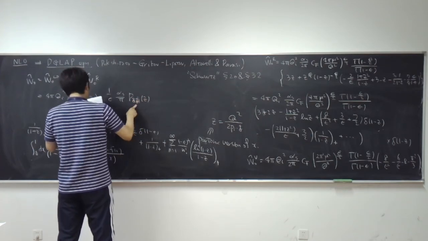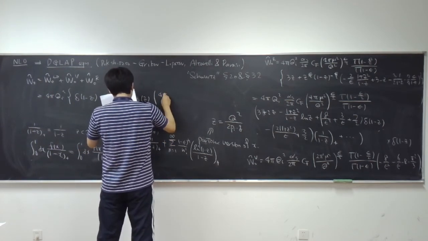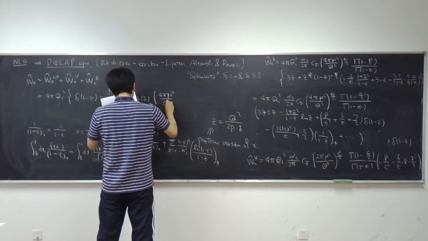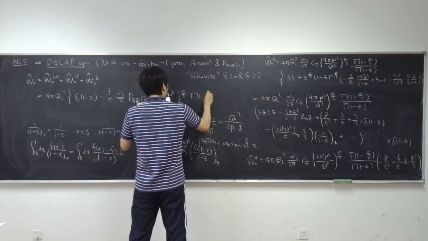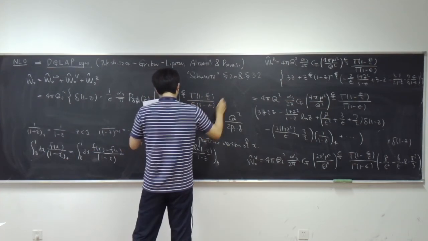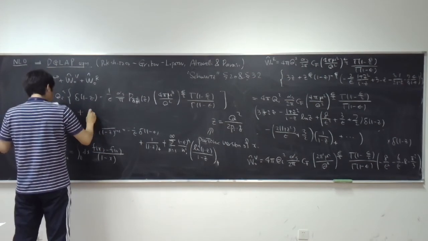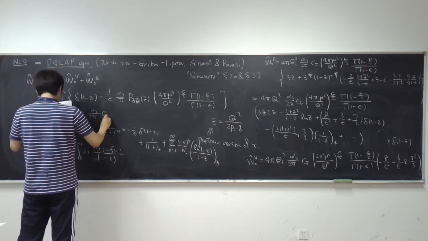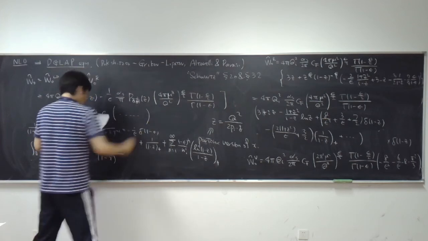So this is the splitting function I'm going to write down later. And 4 pi mu squared, super tedious calculation actually, Gamma of 1 minus epsilon over 2, Gamma of 1 minus epsilon, plus, blah, blah, blah. It's super tedious, I'm not going to write down everything. You can just look at the Schwartz calculation, and then dot, dot, dot.